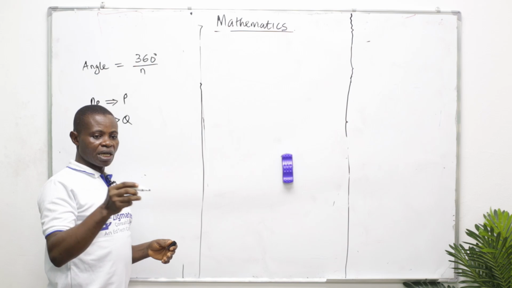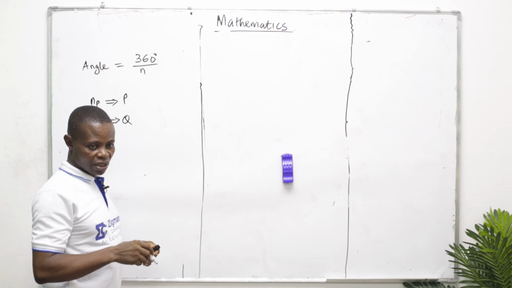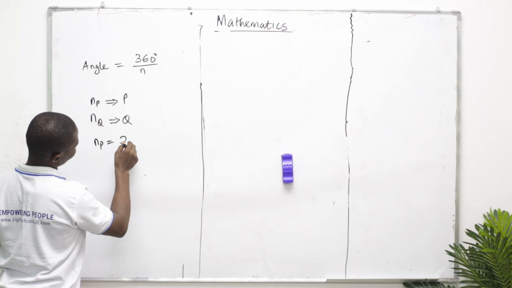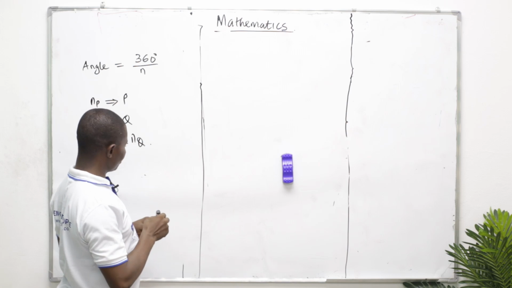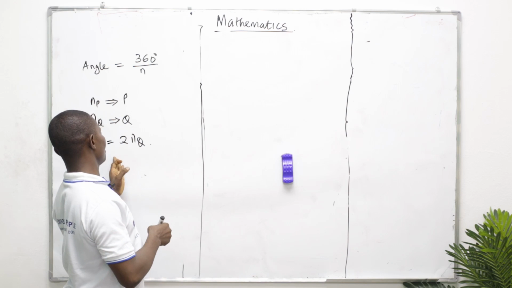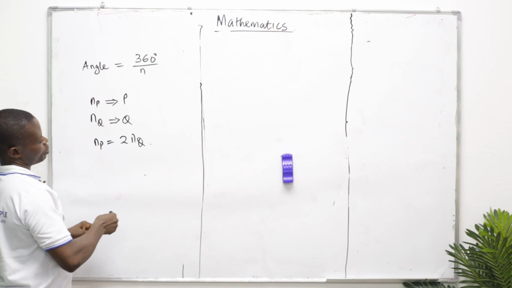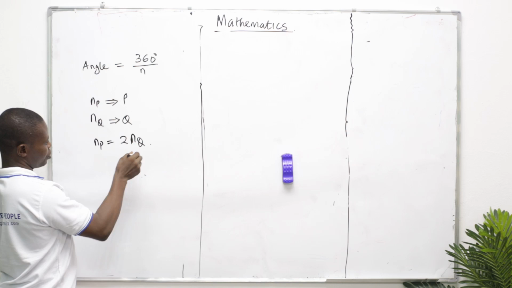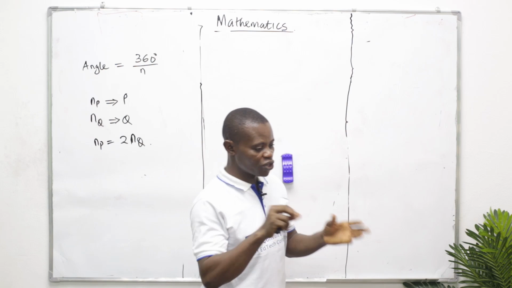Already you were told that P is twice the number of sides, that is NP equals 2NQ. Recall, wherever you see NP, you call it what? 2NQ. That is 2 multiplied by number of sides of Q. Now, the difference between them.